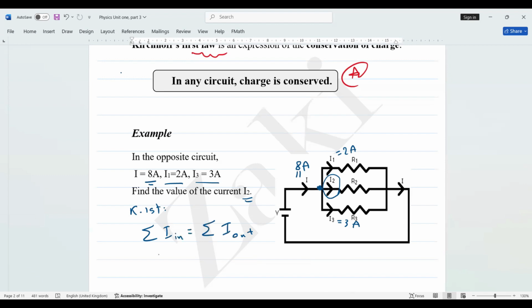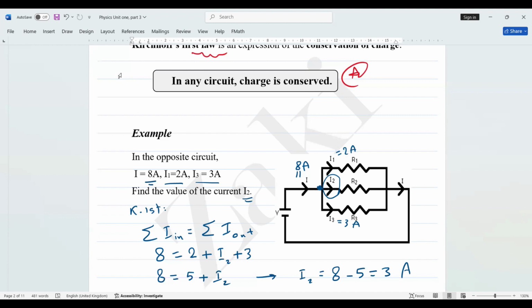So 8 is the current in. Out we have I1 plus I2 plus I3. I1 is 2 amperes plus I2 unknown plus I3 given as 3 amperes. So 8 equals 2 plus 3, which is 5, plus I2. Then from this formula, I2 equals 8 minus 5 equals 3 amperes.